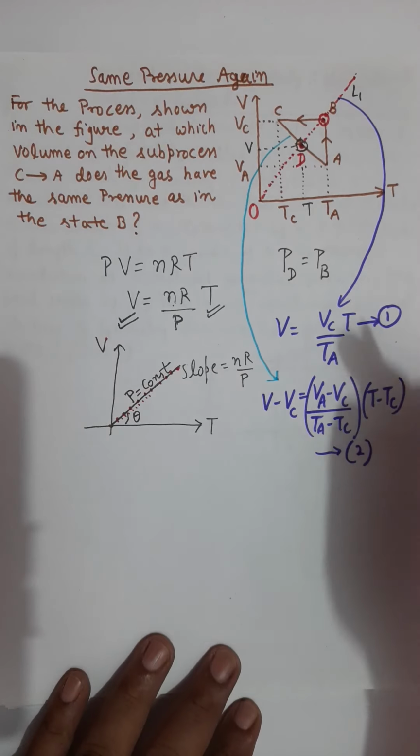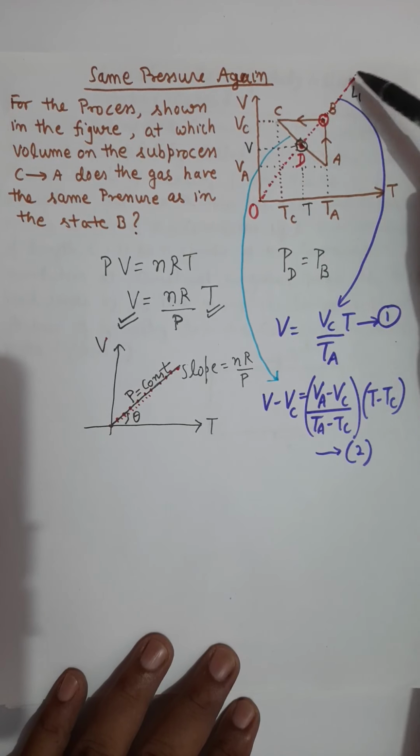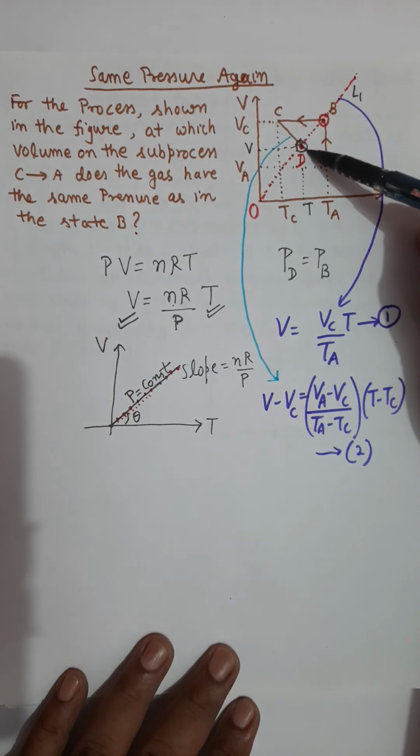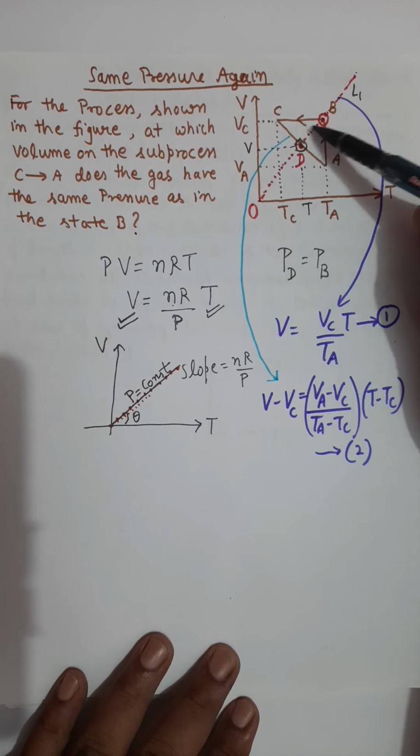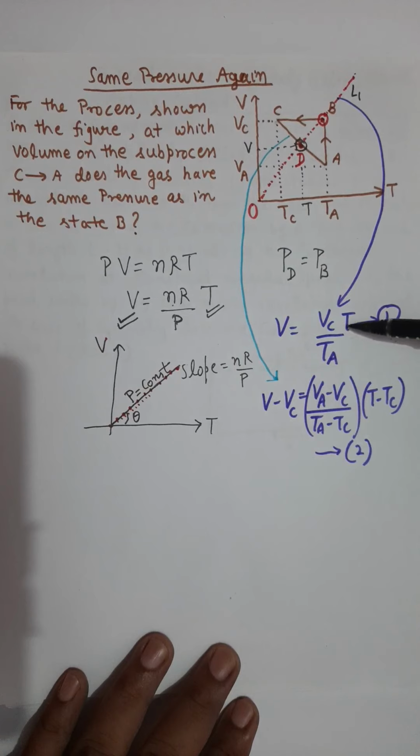Now we have two equations. Equation 1 represents this line, equation 2 represents line CA, and D is a common point on both lines. Since D is the common point on both lines, the coordinates of point D must satisfy equation 1 as well as equation 2.